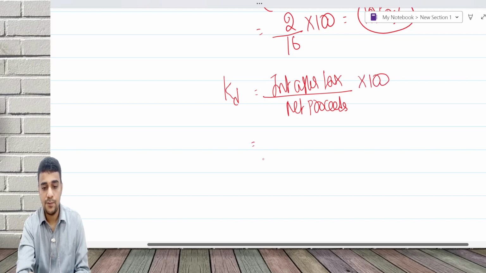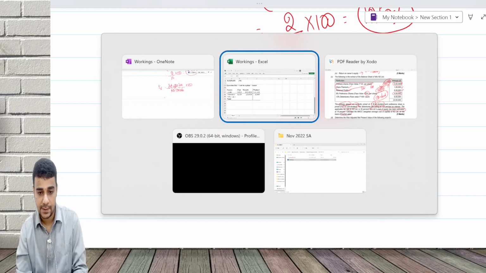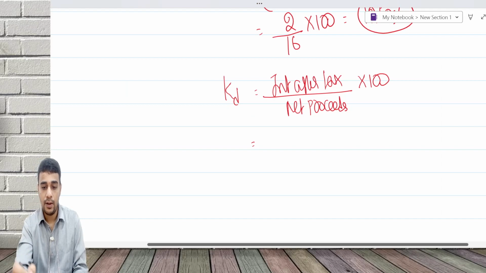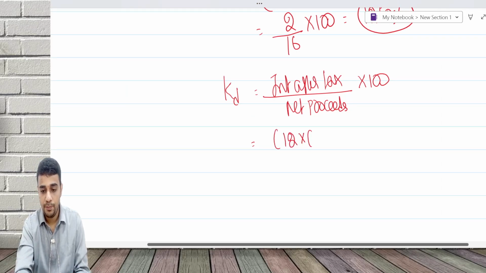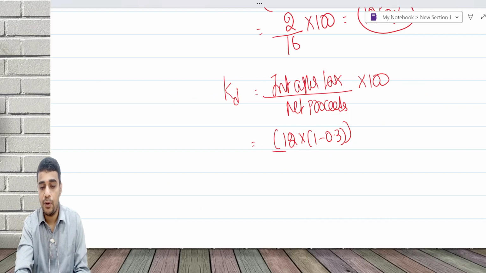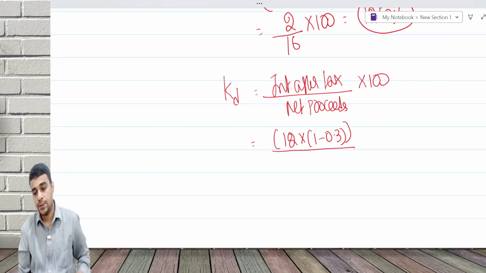Net proceeds for an existing issue is the current market price. Interest after tax is face value into the coupon rate, which is 12 rupees into 1 minus 0.3, as the tax rate is 30%.